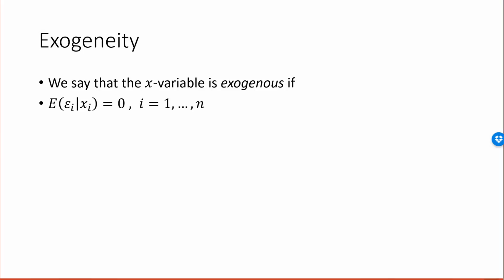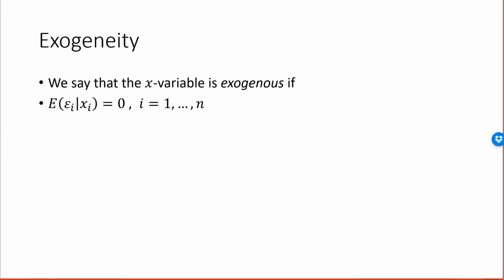If the expected value of the error term given xi is 0, then the x variable is exogenous. The error terms all affect the y variable, but the point is, for some individuals the error term is positive, for some individuals it's negative, but on average it's 0.